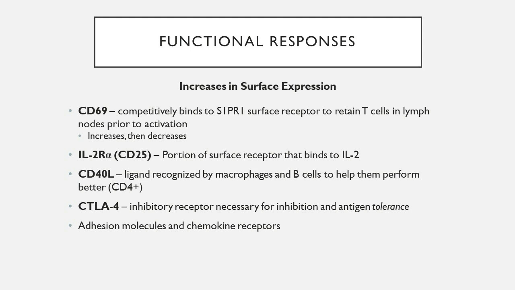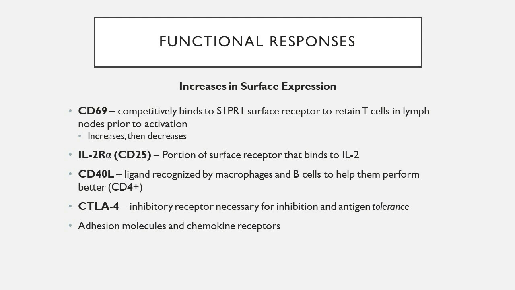Okay, so there's a few things that increase in surface expression in T cells as they're being activated. Previously, during the migratory patterns of lymphocytes, there's a protein CD69 that gets expressed on T cells that competitively binds to the S1P-R1 receptor. S1P-R1 responds to the ligand S1P in the circulatory system, and whenever cells express that, they want to go back in circulation.